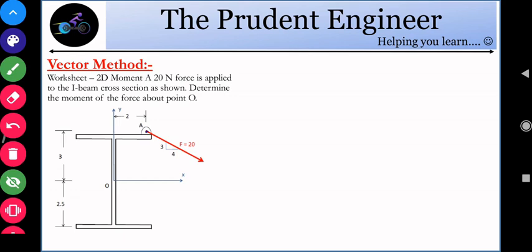To represent this force AB in that 2D format, we have to move 4 units in the x direction and 3 units in the negative y direction. That can be written as 4i minus 3j.